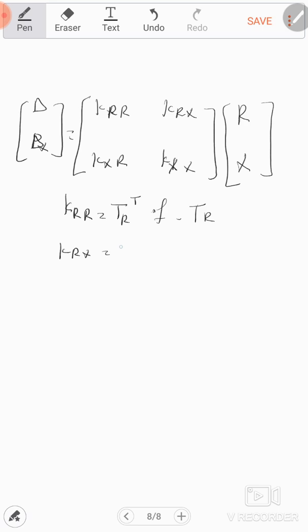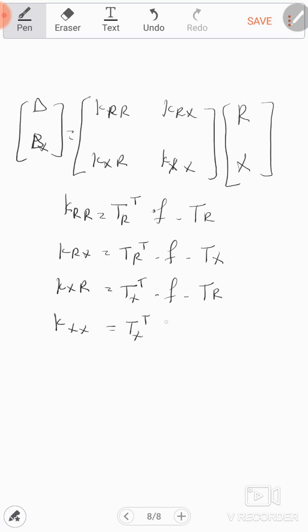Krx equals Tr inverse times f times Tx. Kxr equals Tx inverse times f times Tr. Kxx equals Tx inverse times f times Tx.